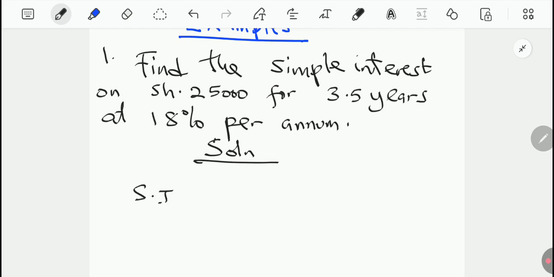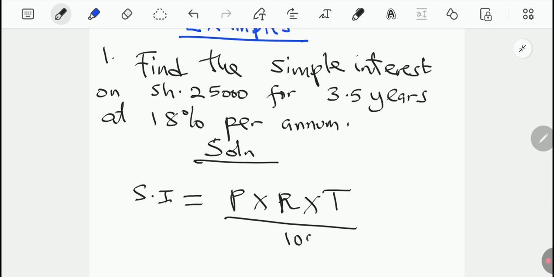Simple interest from our formula is the same as principal times rate times time, all divided by 100, because the rate must always be in percentage. That's why we are dividing by 100. So we shall have to substitute our principal from our formula here.